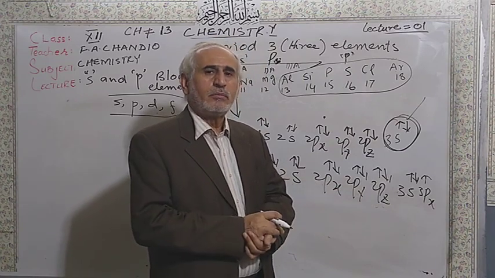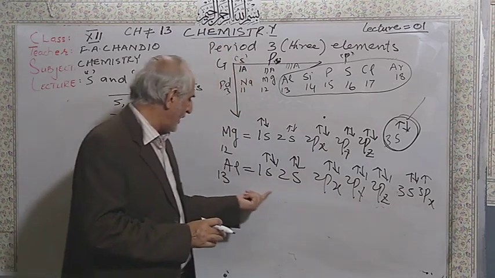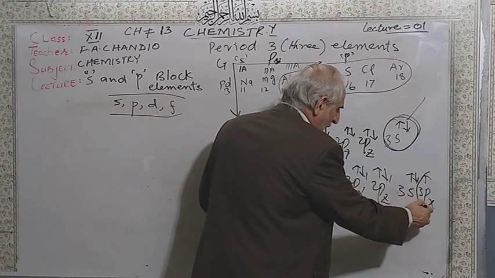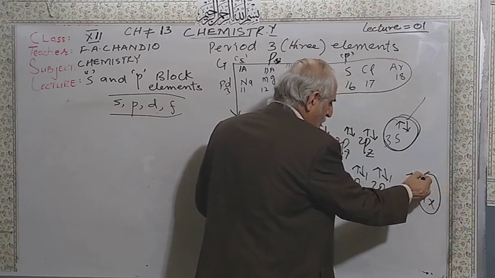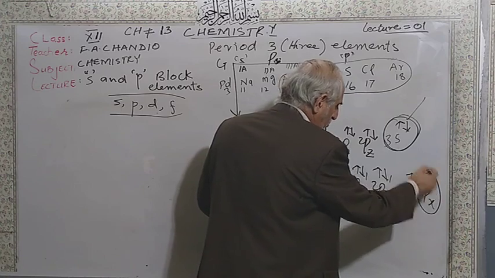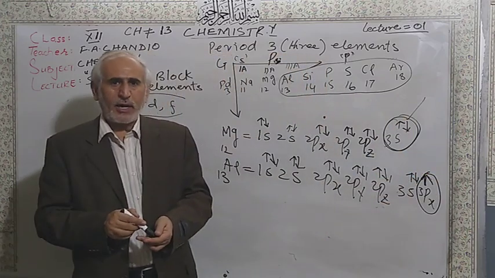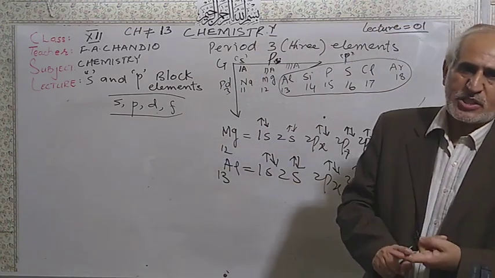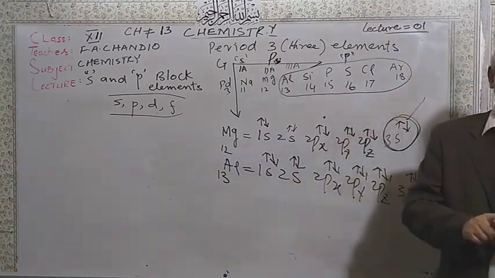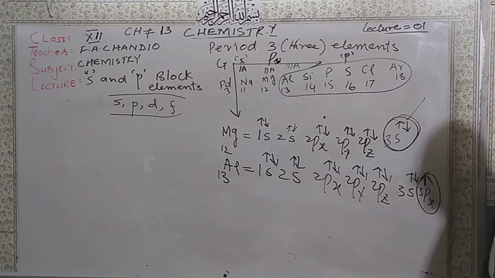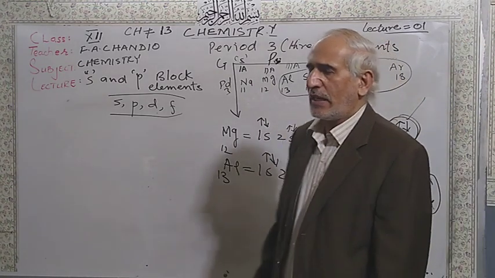It is stable. But here in aluminium, S is complete, but in the P there is 1 electron. This is the 1 electron in the P, and P requires 5 more: Px2, Py2, Pz2. So this is a partially filled P, 1 electron only.